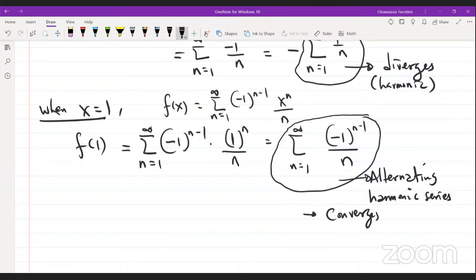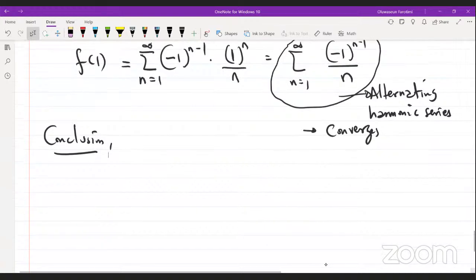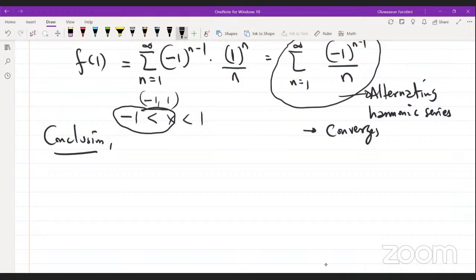Okay, so conclusion. On the left endpoint of the interval, remember I had negative 1 less than x less than 1, right? We started with negative 1, 1, and this is the same thing. On this left endpoint, it diverges. But on this right endpoint, it converges. What does that mean? I will tell you guys shortly.